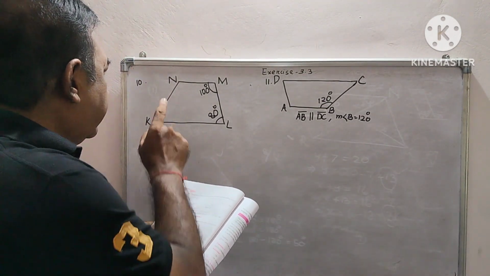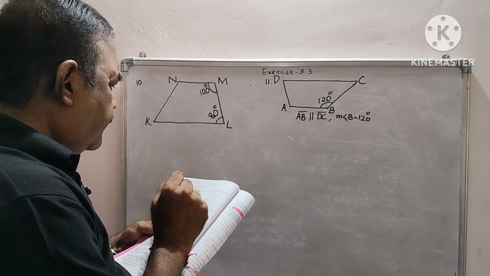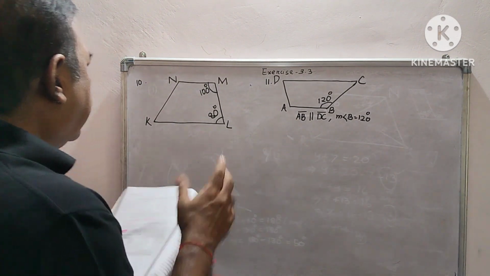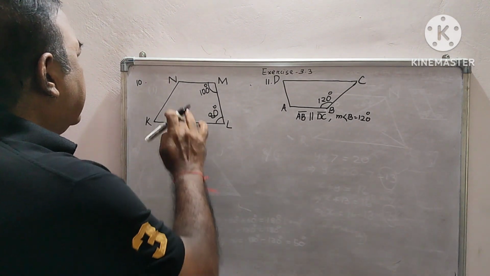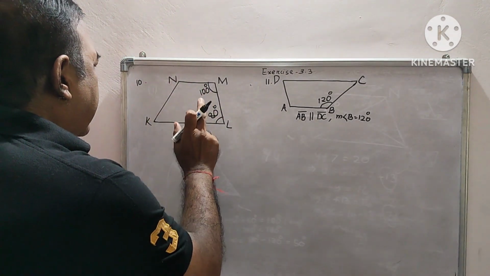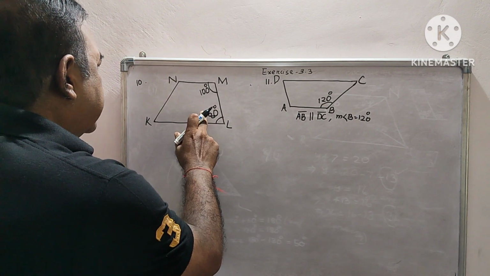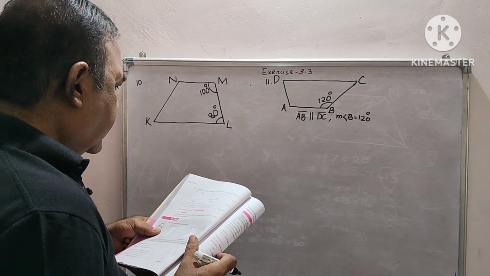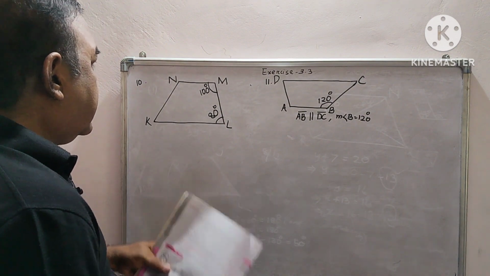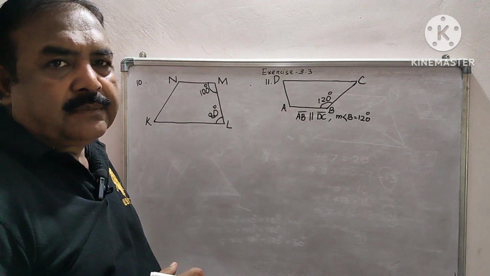Explain how this figure is a trapezium and which of its two sides are parallel. So what information we have been given here? This is a quadrilateral, and this angle L measures 80 degree and angle M measures 100 degree, and we have been asked to explain how this figure is a trapezium. So what do you mean by a trapezium?